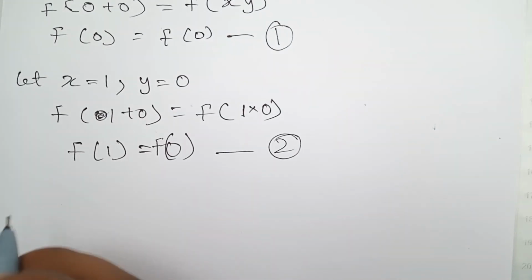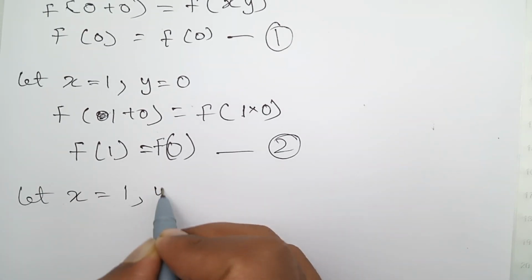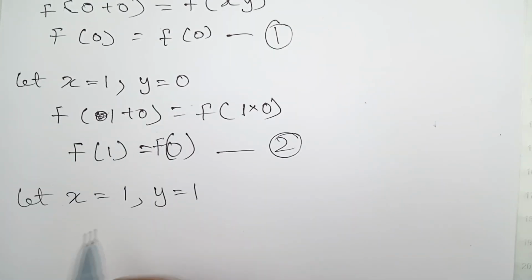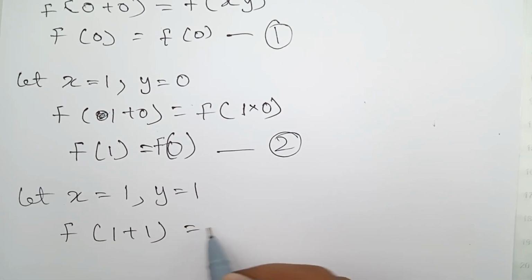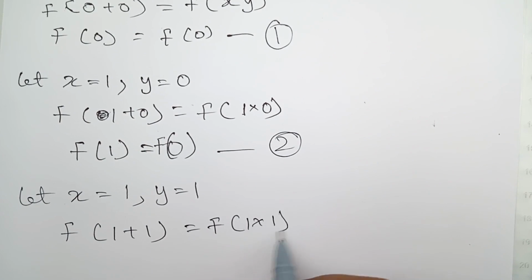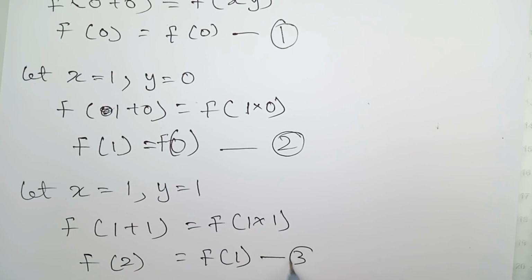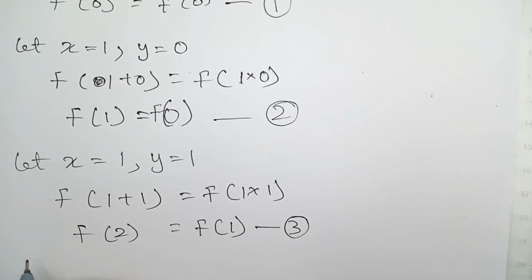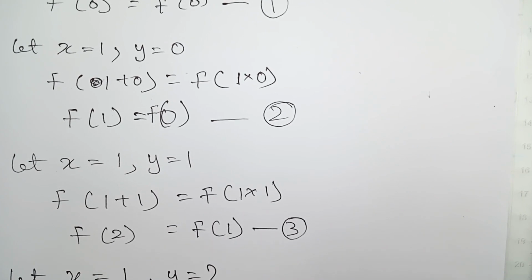Now we will do the third one. Let x is equal to 1 comma y is equal to 1. f of 1 plus 1 is equal to f of 1 into 1. Now it is f of 2 is equal to f of 1. This is the third equation. Now we will take the fourth equation. Let x is equal to 1 and y is equal to 2.